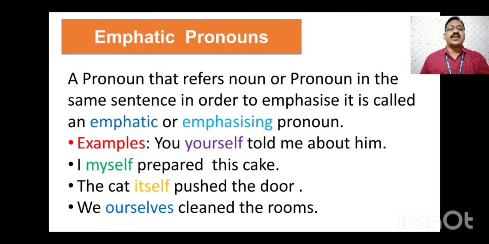In these sentences we find that a pronoun is there, but along with the pronoun we are using one more reflexive pronoun. You, yourself. I, myself. Cat, itself. Cat is a noun. We, ourselves. So in this case, when we use a reflexive pronoun along with a pronoun, it changes into an emphatic pronoun.